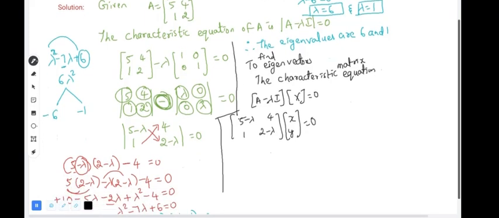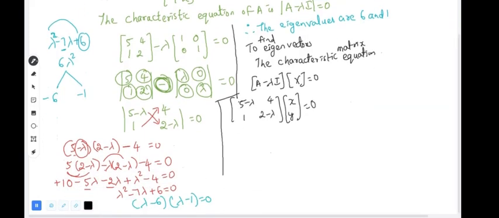Now we need to do the multiplication of the matrix. The first row we multiply with the first column. That will be 5 minus lambda into x, then there is no sign, it is plus, plus into plus will be plus, 4 into y will be 4y, equals 0.